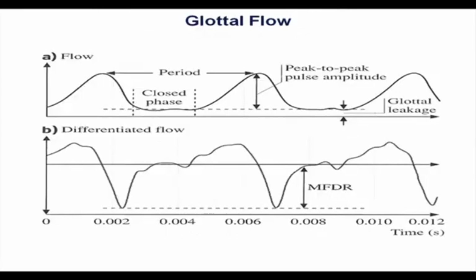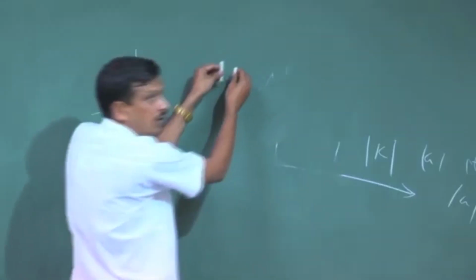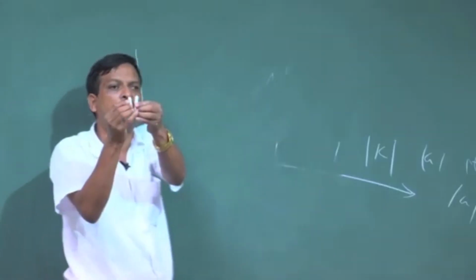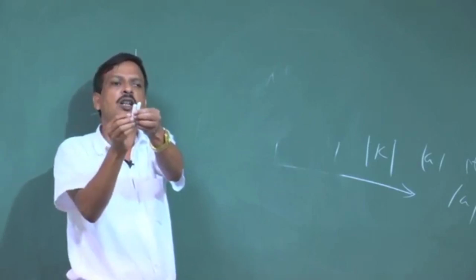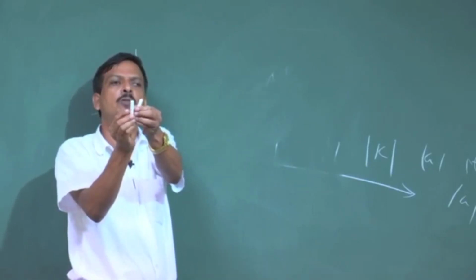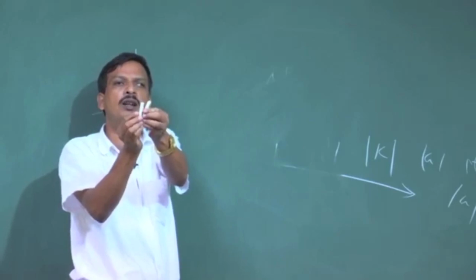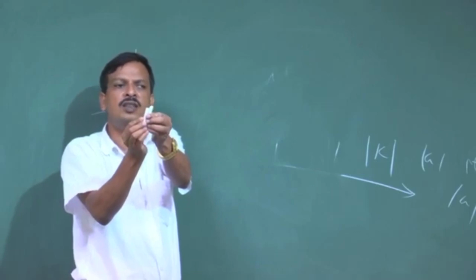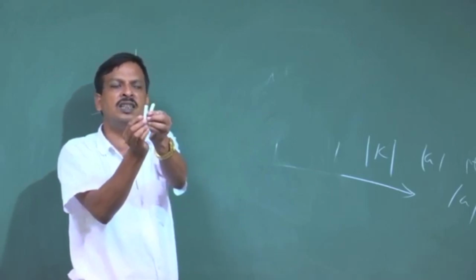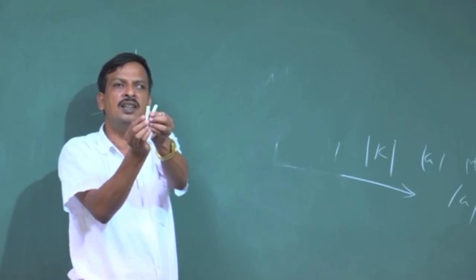Now, let's see the glottal flow, how the air flows in the glottis. If the vocal cord is closed, no air can flow. So, it gradually opens and closes, opens and closes, opens and closes. Once it is closed, the air flow stops. Once it gradually opens, the flow increases and increases, and again it decreases.